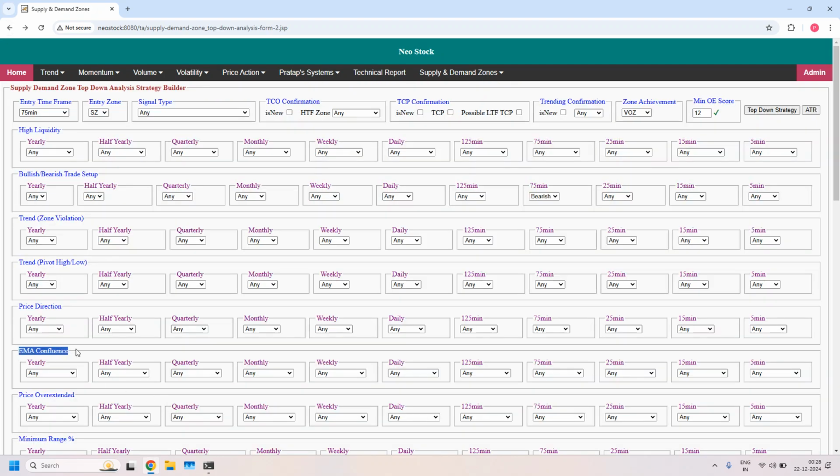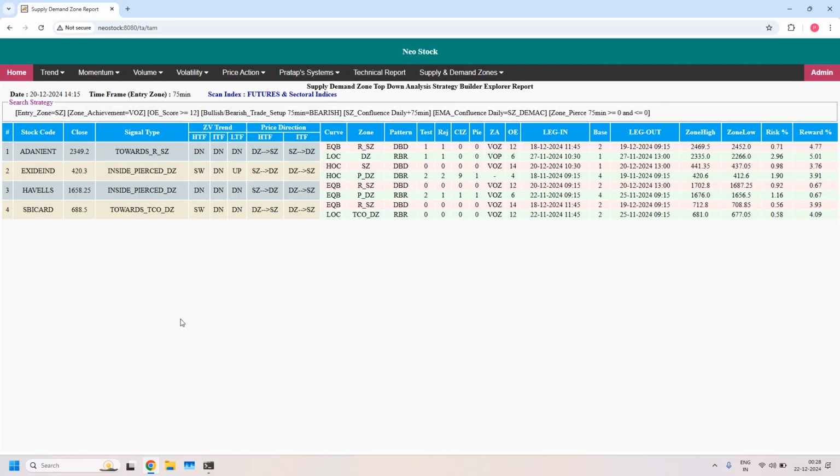In the EMA confluence at daily time frame, because the 75-minute supply zone is part of the daily supply zone, that's why we are looking for daily supply zone with daily EMA confluence. With this filter, out of 7 stocks, we got 4 stocks. So these 4 75-minute supply zones are even more high probability trade setup supported zones.